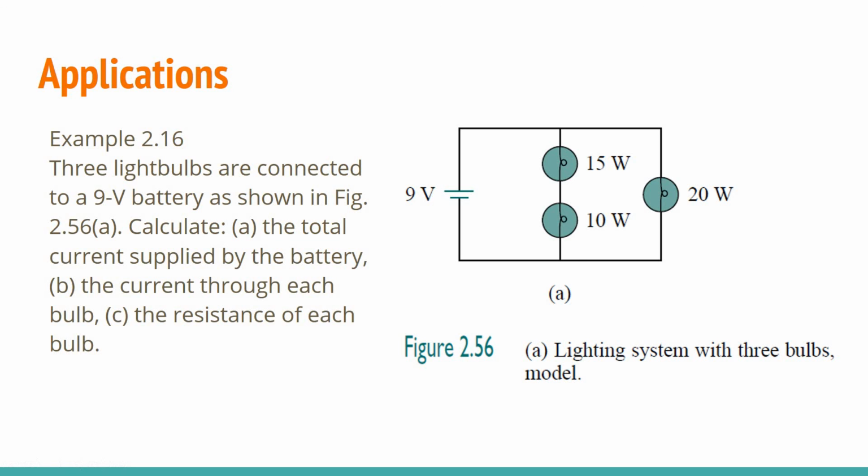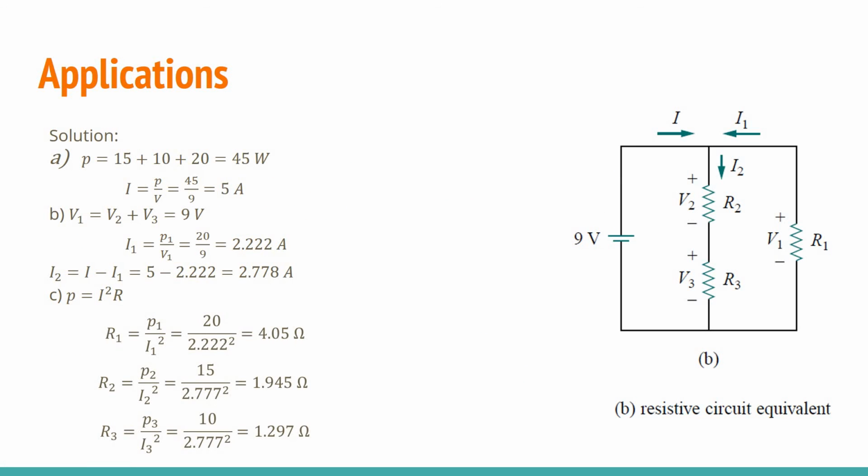So, let's see the solution. On the right side is the representation, the resistive circuit equivalent of figure A. Resistive, meaning we replace the bulbs with resistors, so that you can see them: R1, R2, R3.